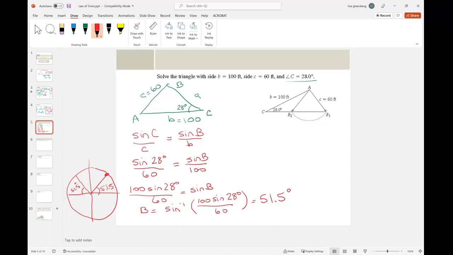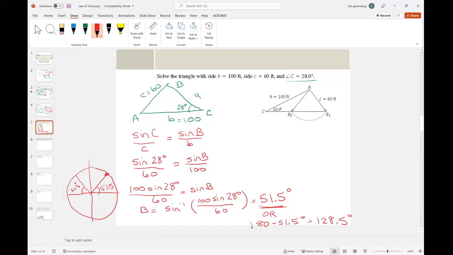So I know that B is either equal to 51.5 degrees or 180 minus that, because that would be the angle in quadrant 2. Does that make sense? Okay, perfect. So I have two possibilities. What's 128.5, I think that is. So I have two possibilities, either 51.5 or 128.5.